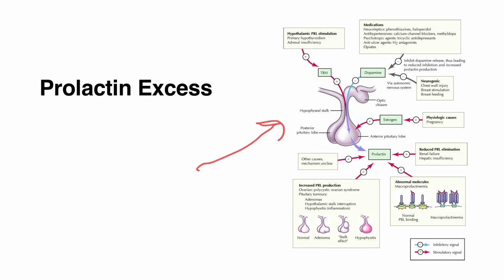So we can have polycystic ovarian syndrome, different pituitary tumors of the stalk, of the lactotrophic cells in the pituitary. You can have reduced elimination of prolactin because of liver failure or kidney failure or just low function, so it builds up in the bloodstream.